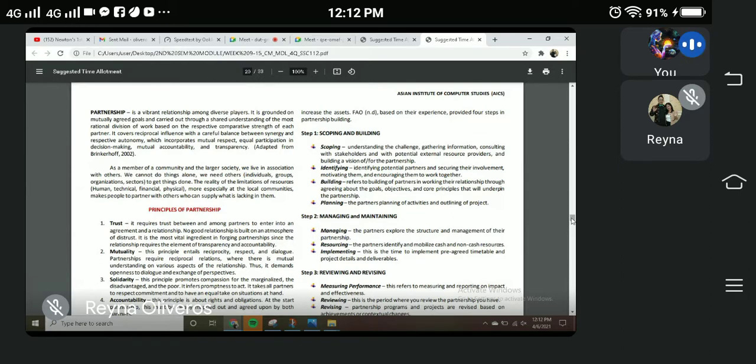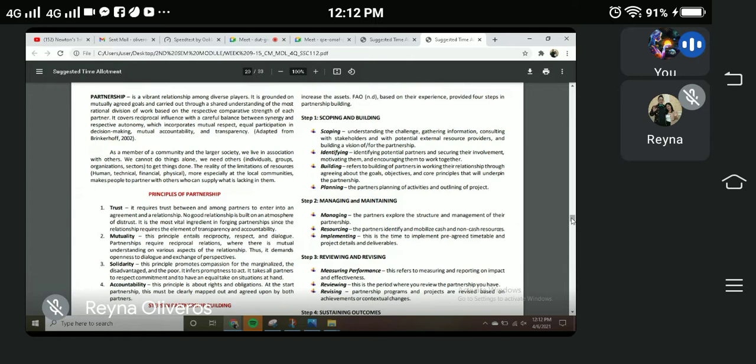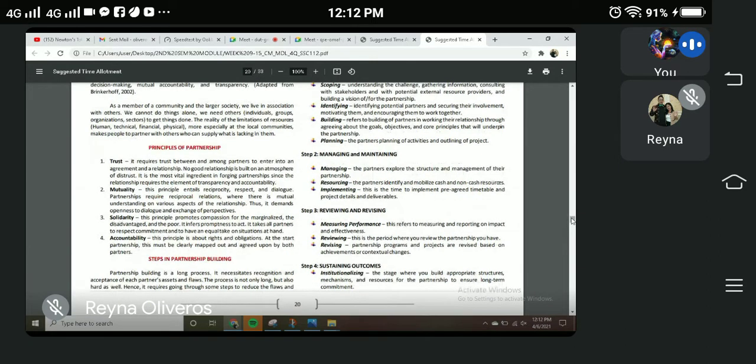When we say managing, the partners explore the structure and management of their partnership. When resourcing, the partners identify and mobilize cash and non-cash resources. And for implementing naman, this covers the time to implement the pre-agreed timetable and project details and deliverables. Okay? Step number 3, reviewing and revising.